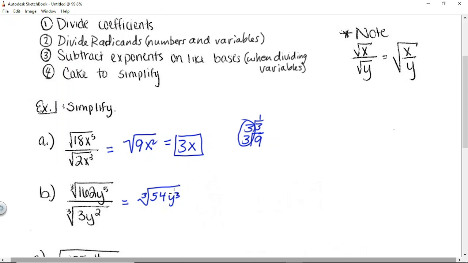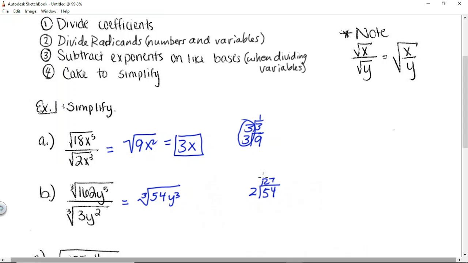Okay, so this is something that we can simplify. So we use the cake. 54, we'll use 2, get 27.